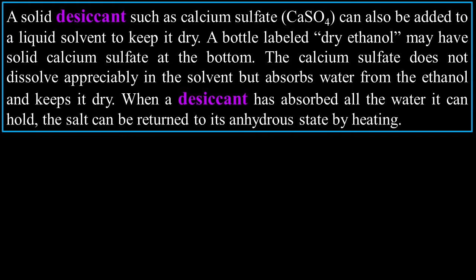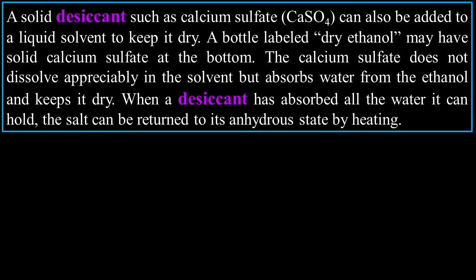So there's no such thing as 100% ethanol, but what you can do is put things in the ethanol, such as calcium sulfate, in order to absorb that last bit of water. And that last bit of water that's absorbed makes the ethanol dry ethanol.